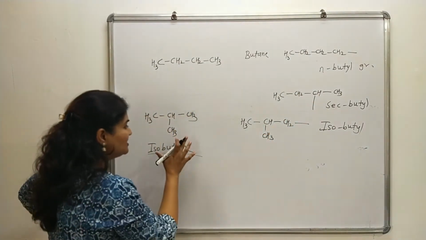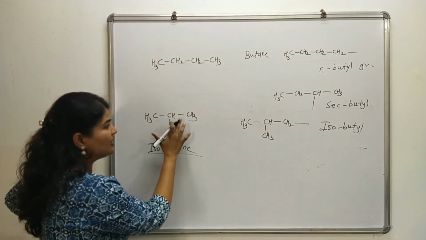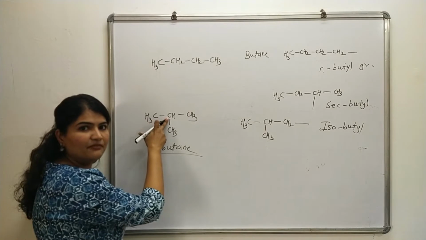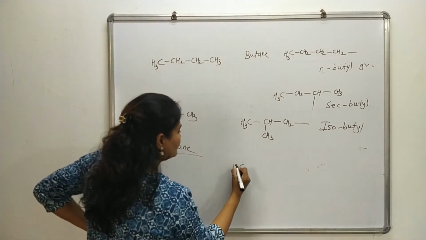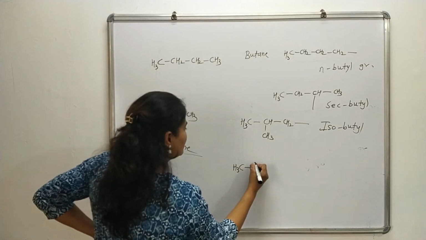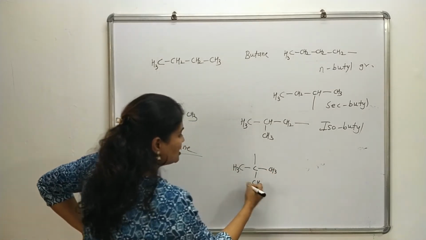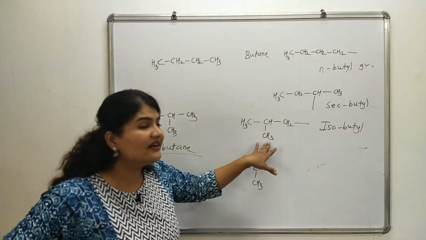Now coming to this structure, if from isobutane you don't remove the hydrogen from the terminal carbon, but from this carbon, which is a middle or non-terminal one, then what will you get? You will get something like this: CH3, C, with the substitution and CH3, CH3. Here also you cannot name this isobutyl because you have already given this name.